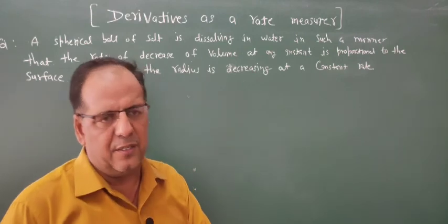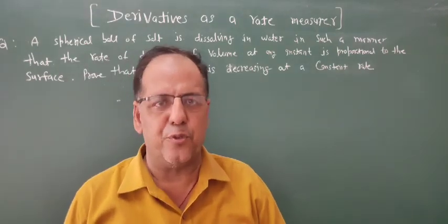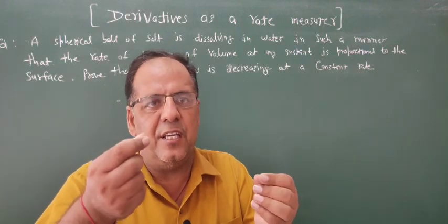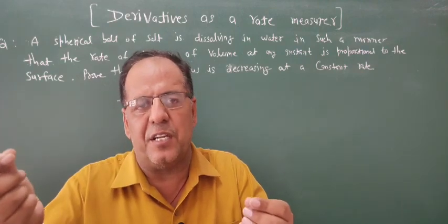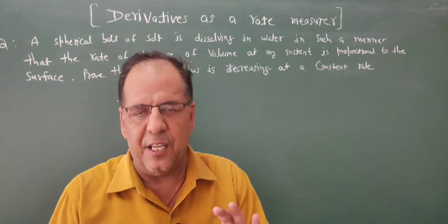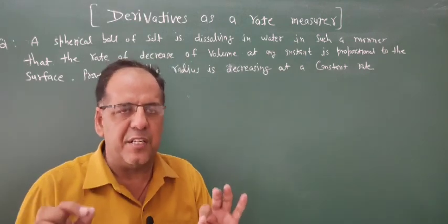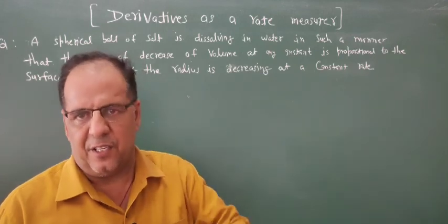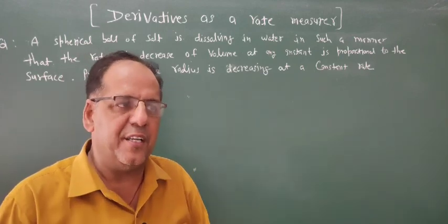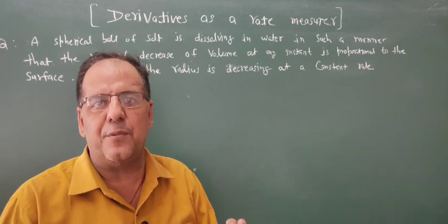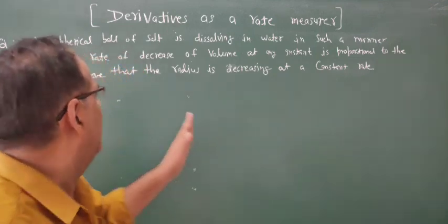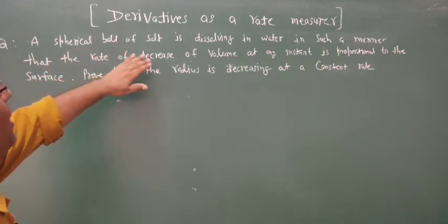Whenever, during the solving of a question, the word increasing or decreasing is not used, and suppose dA upon dt is given as 4 centimeter square per second, that means area is increasing. And suppose dA over dt is given as minus 4 centimeter square per second, that means area is decreasing. So here a spherical ball of salt is dissolving.